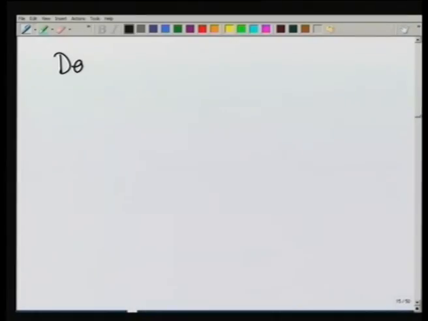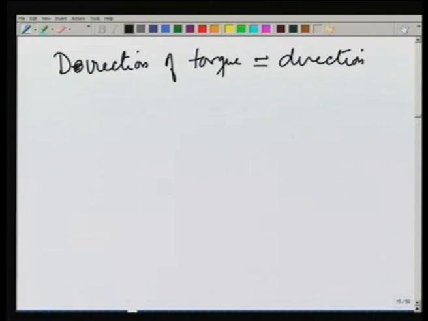How do we relate the direction of torque to direction of rotation?